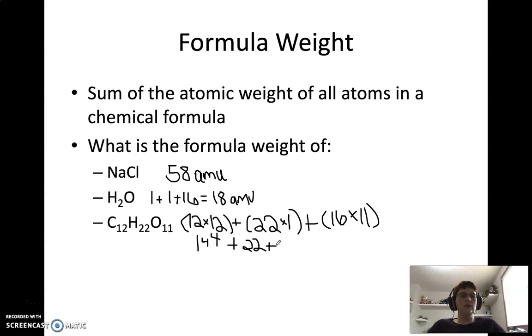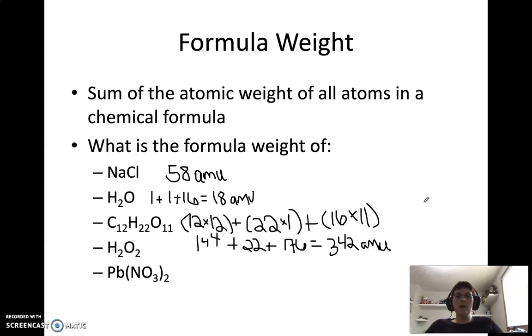That one I can't do in my head. And so then you add them all together for a total of 342 atomic mass units. Okay.